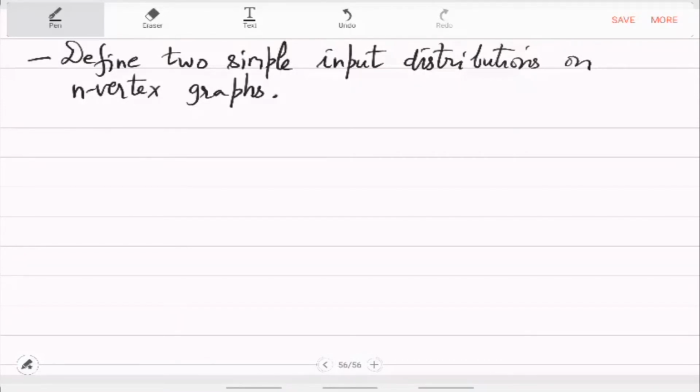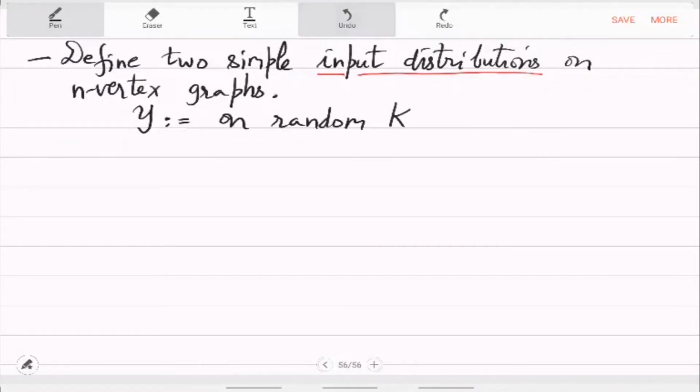So first is for the yes instances of input. So this distribution is on a random subset big K of size small k.